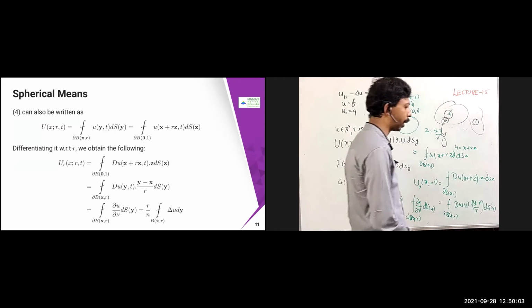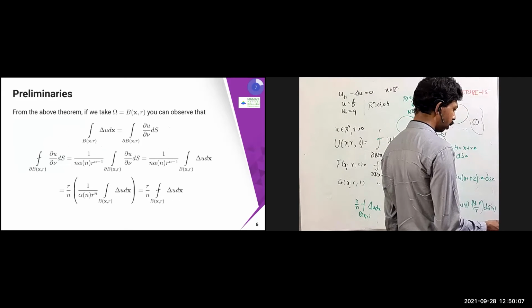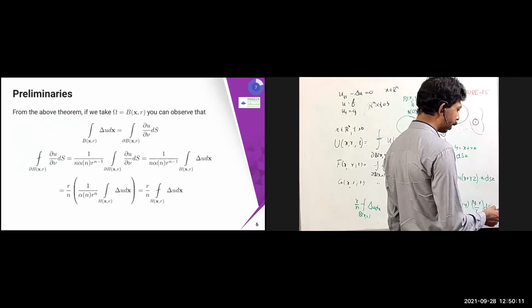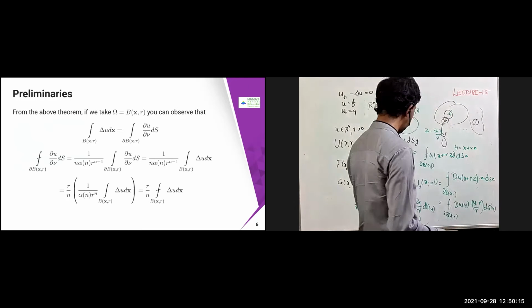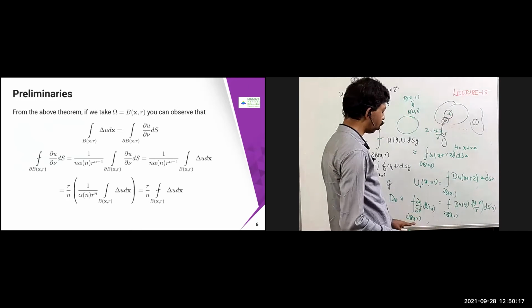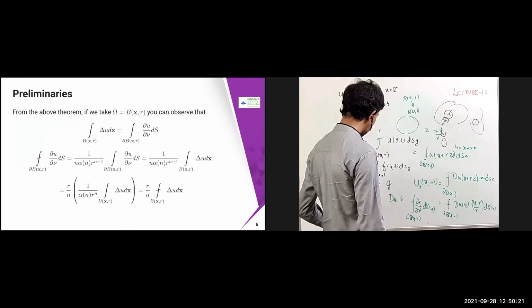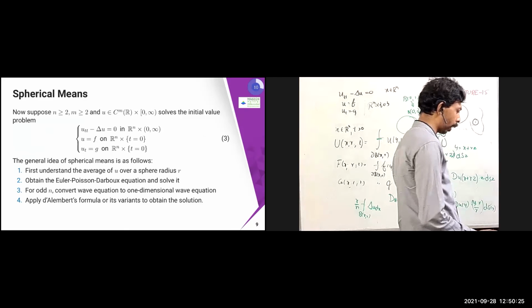Why r by n is coming here? Because this theorem is talking about the whole ball only, but we have already introduced this factor. So the integral over ∂B of x comma r of ∂u/∂ν dS is nothing but r by n into the integral over B of x comma r of Δu dx. That's what I have used.